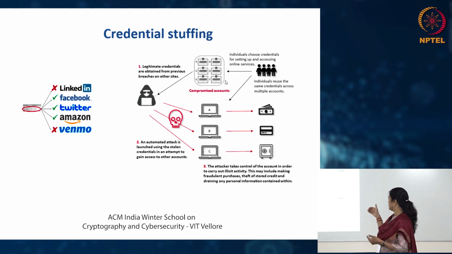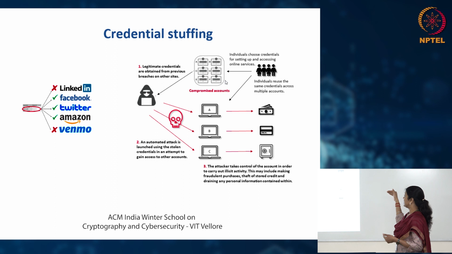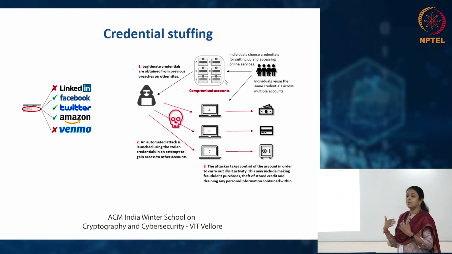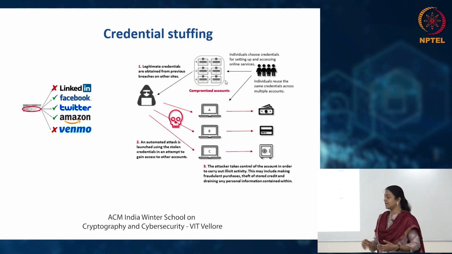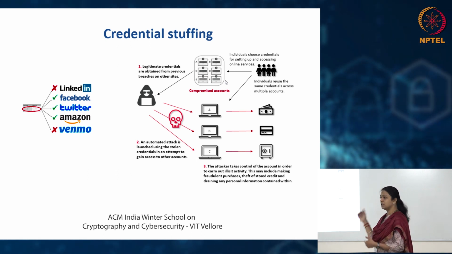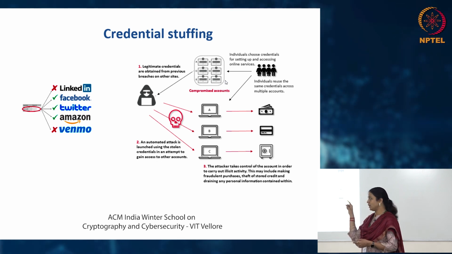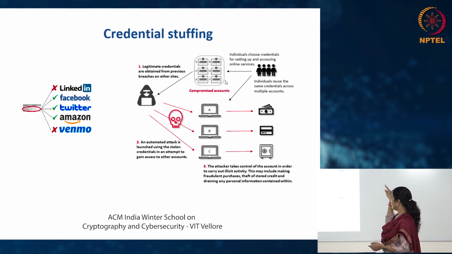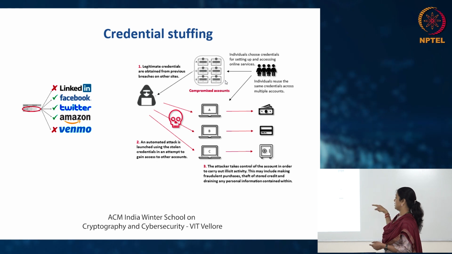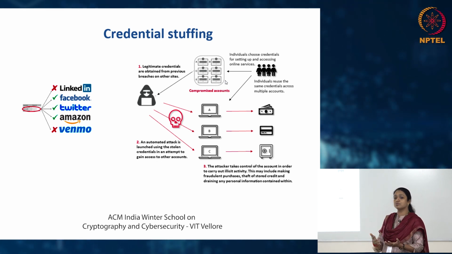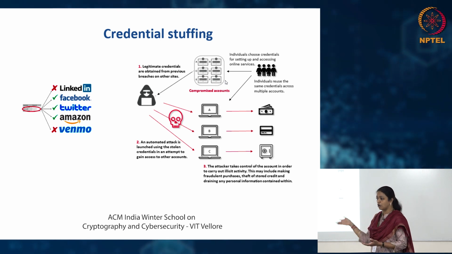With that, he will see what other accounts the person has, multiple accounts, right? The same person will have Facebook, Twitter, many social media accounts. So the attacker will create an automated attack and attempt to see whether the same username or password works on his multiple accounts.